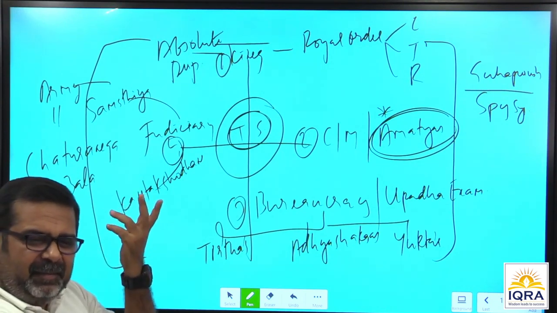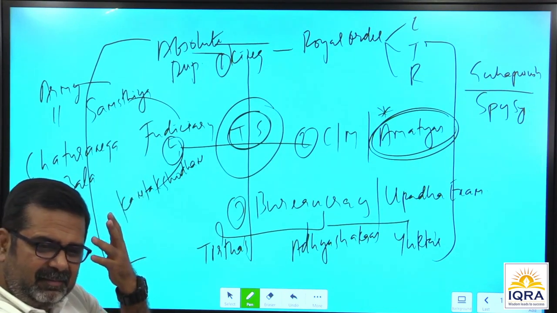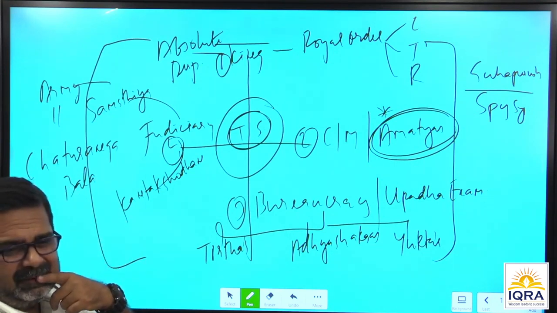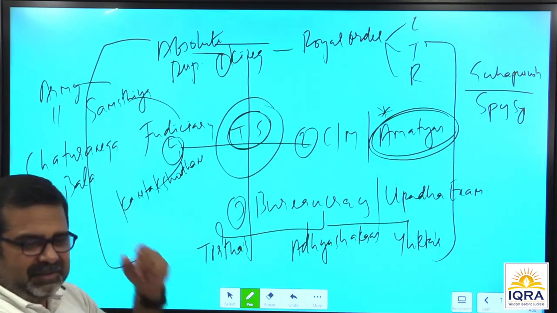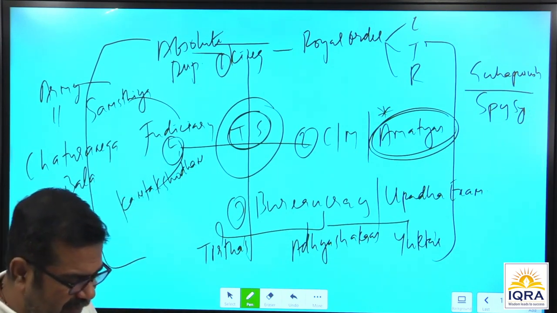State requires army, Chaturang Bal. Spy system, Guha Purush. And then taxation. Development, evolution.